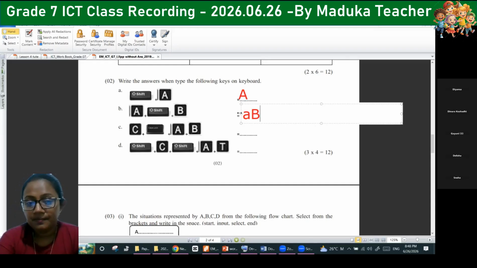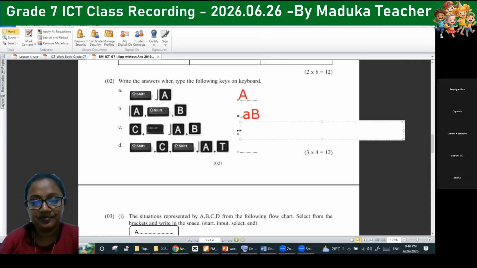Then the third one, it means C part. C plus Caps Lock A B. What is the answer for part C? Yes, tell me the answer for the third one.